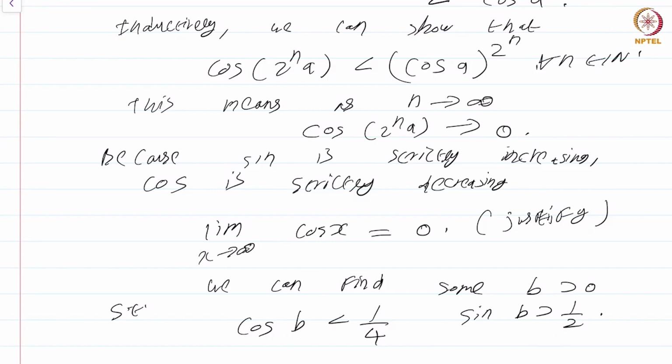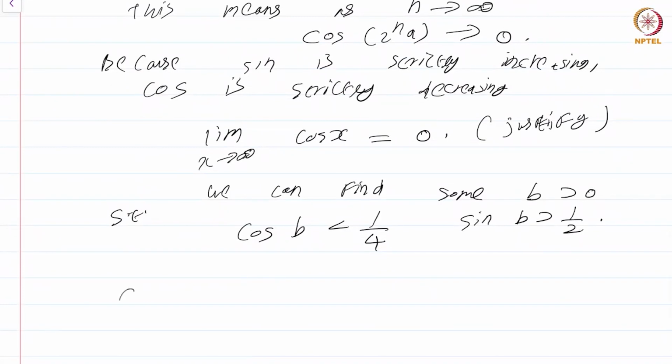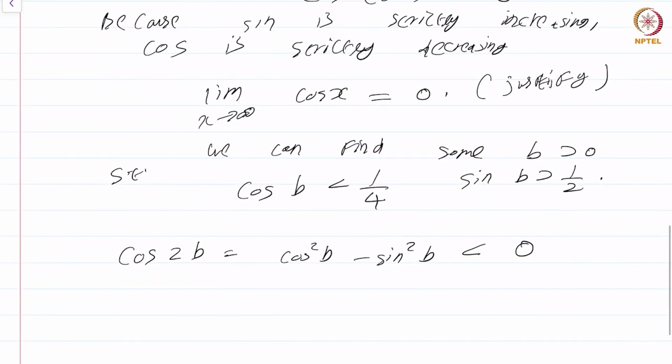Okay, how does this help us? Well, again you apply the identity cos 2b is cos squared b minus sin squared b. But cos squared b minus sin squared b, when you substitute 1 by 4 and 1 by 2, will be less than 0. But cos x is strictly greater than 0 for all x. That's how we started.